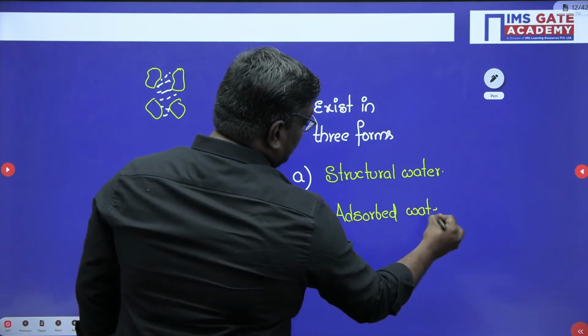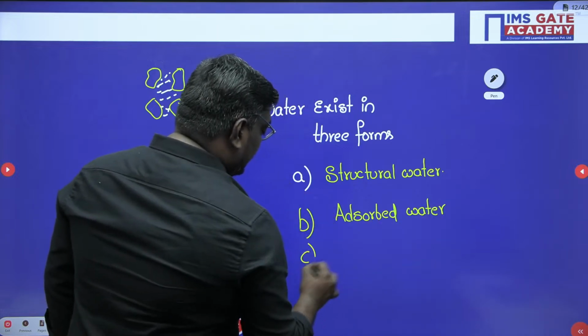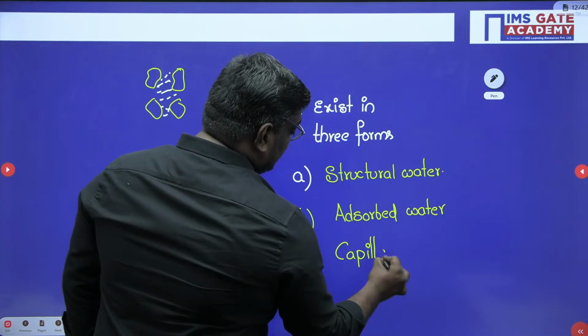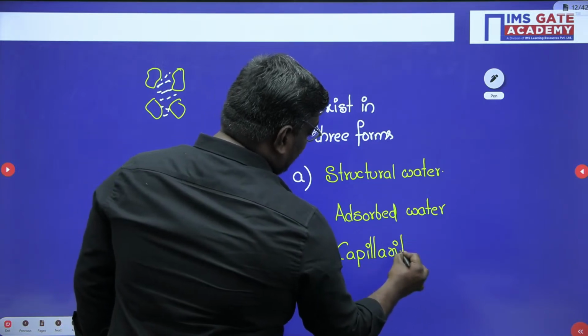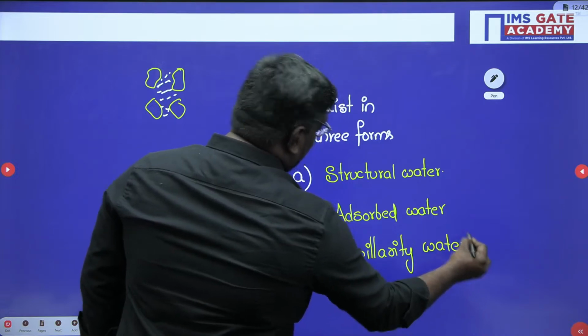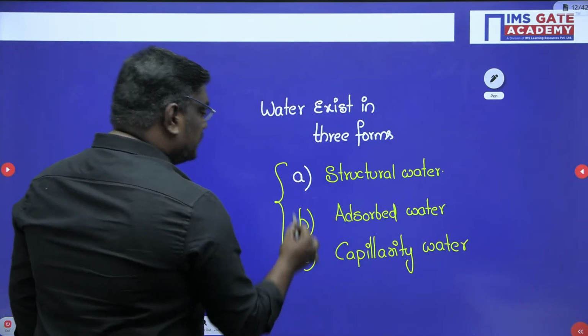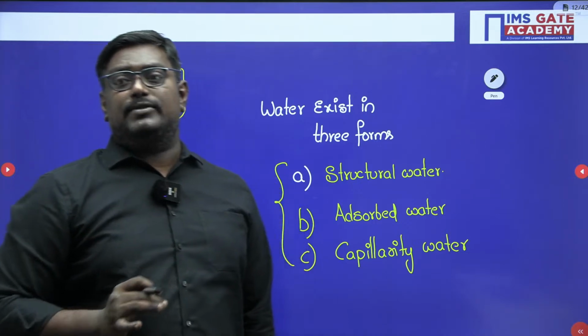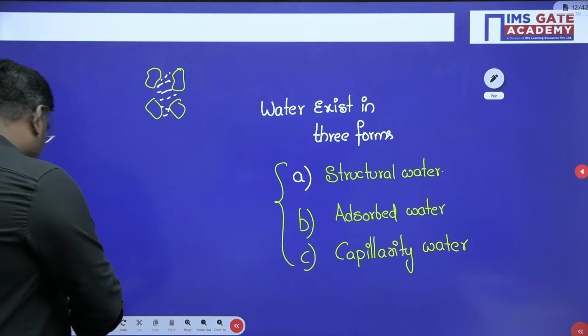And third one is known as the capillarity water. So water exists in three forms: structural water, adsorbed water, and capillarity water. These are the three forms of water in the voids. Agree, my dear students? So let us go to discussion.